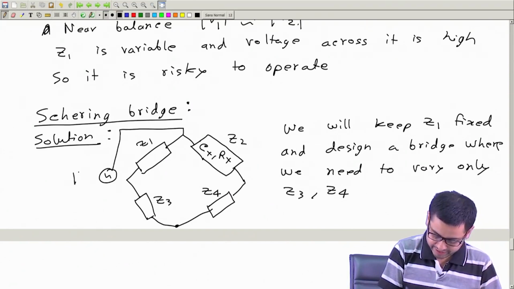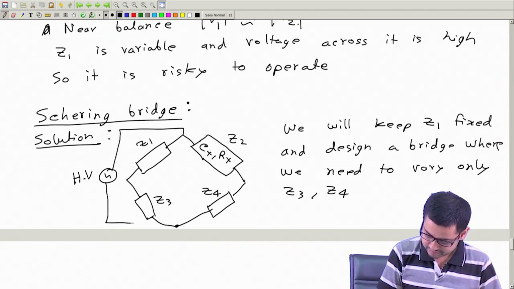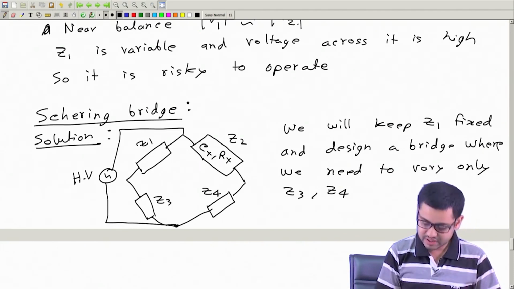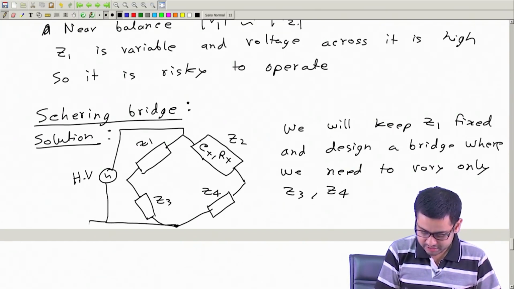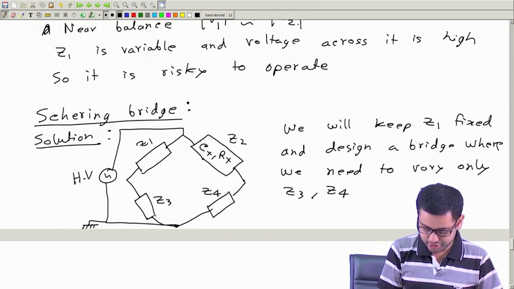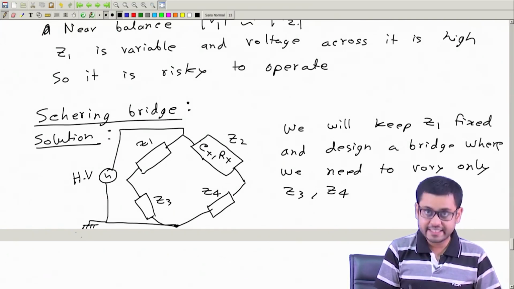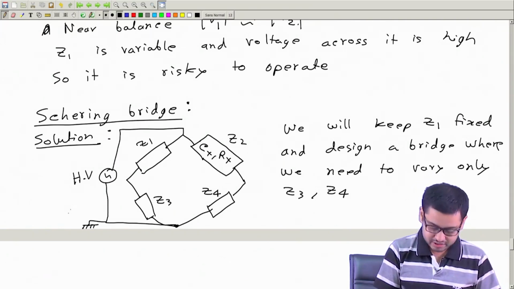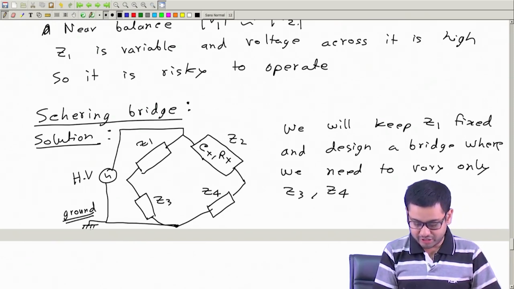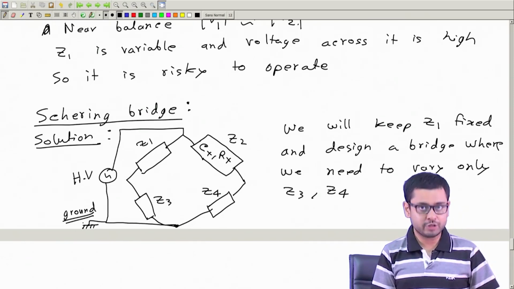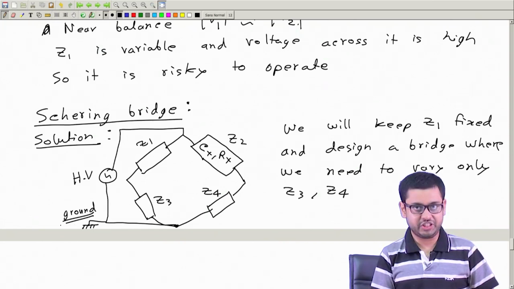So, this is a very high voltage. But we will ground this point. This is not just a reference point, this is really grounded, earthed. So, this potential is really the earth potential or 0 potential.